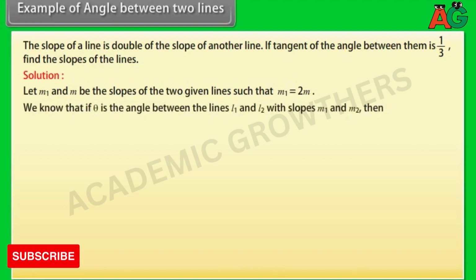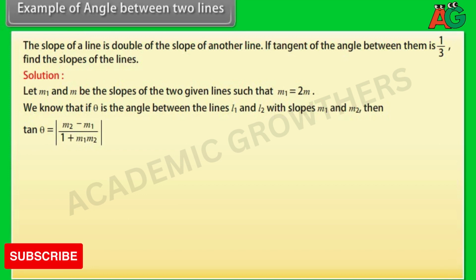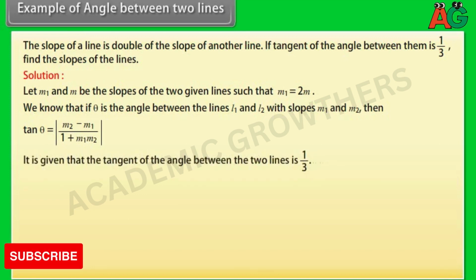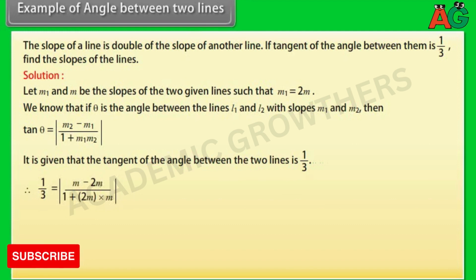We know that if theta is the angle between the lines L1 and L2 with slopes m1 and m2, then tan theta is equal to modulus of (m2 minus m1) divided by (1 plus m1 m2). It is given that the tangent of the angle between the two lines is 1 by 3. Therefore, 1 by 3 is equal to modulus of (m minus 2m) divided by (1 plus 2m into m).